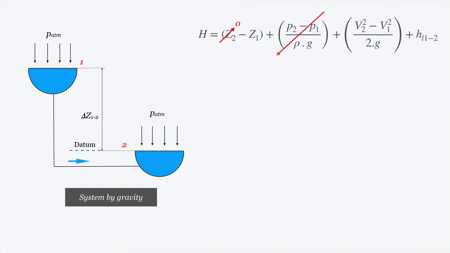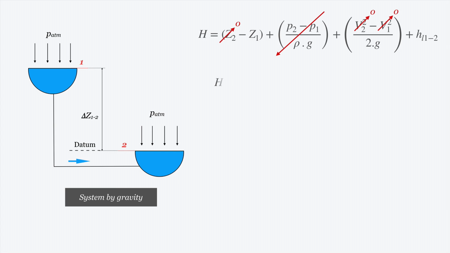The difference in pressure will also be eliminated because the atmospheric pressure is acting on both free liquid surfaces, and velocity can also be deleted because we have selected the sections matching the free surfaces of the liquids.